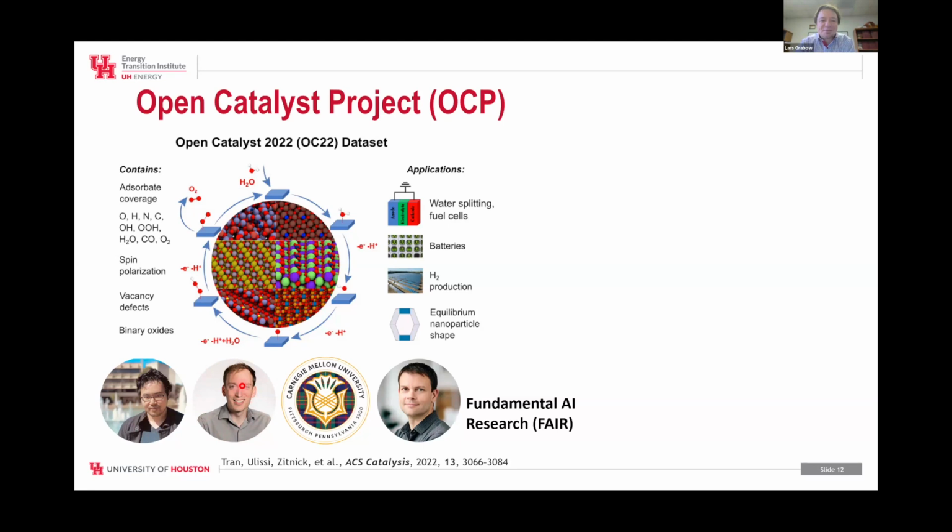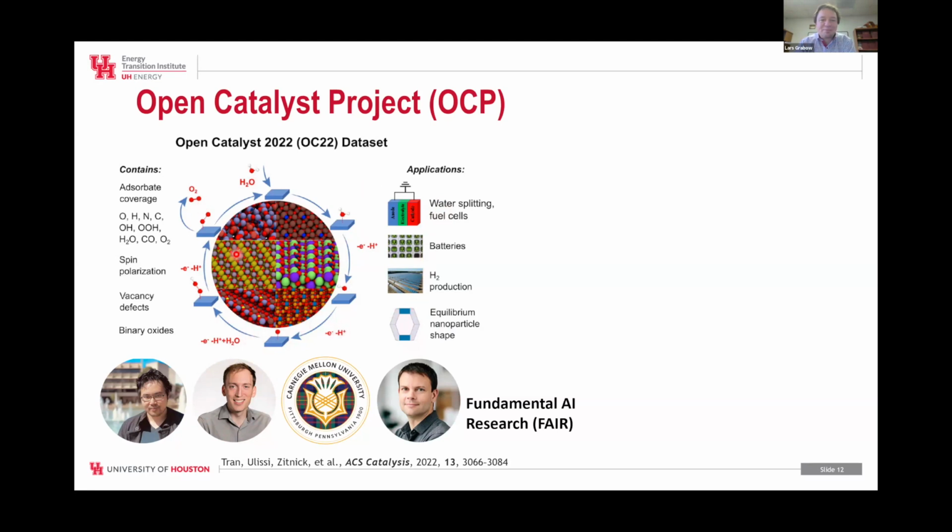In the Open Catalyst project, there is a database for metals, but the one that Richard developed is for metal oxides. And it was developed with the intention to look at water splitting and fuel cells, batteries, hydrogen production, equilibrium shapes of nanoparticles, and so on.